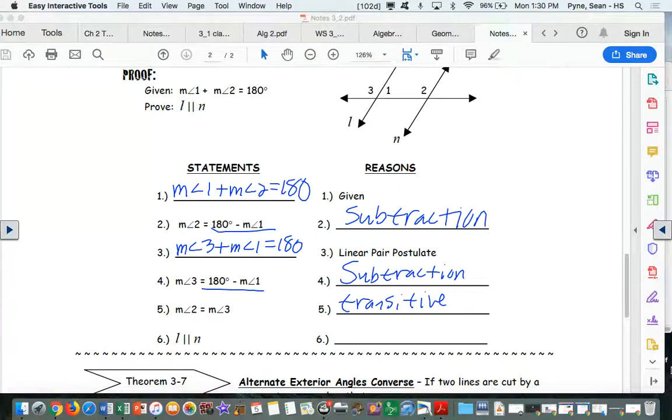How do I know my lines are parallel? What kind of angles are 2 and 3? Corresponding. So it's the corresponding angle converse. Because I know those corresponding angles are equal, I can then say the lines are parallel.